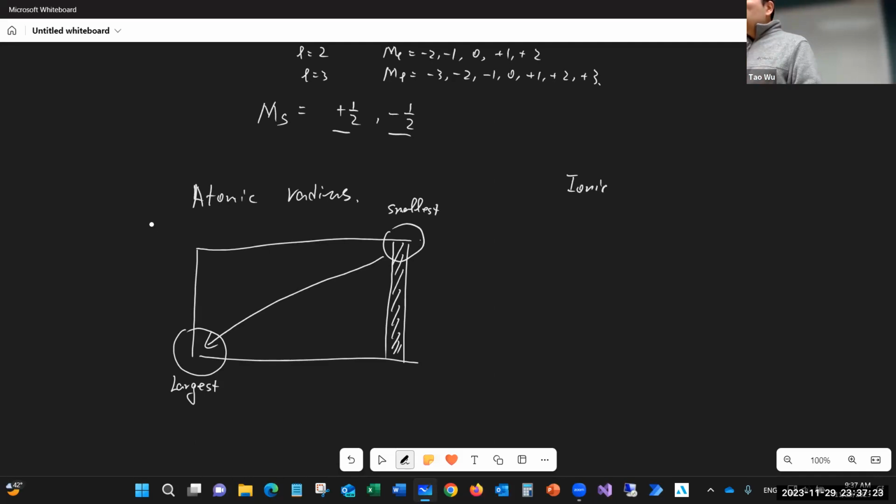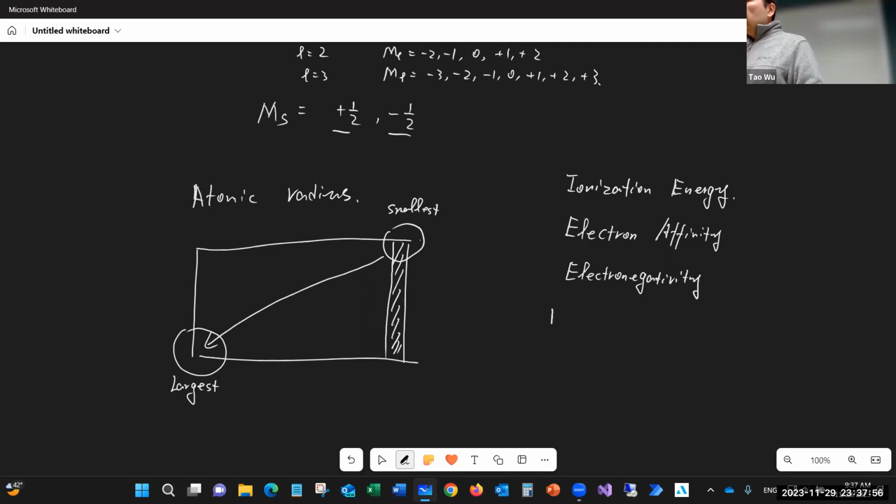We also talked about three others. One is called ionization energy, another one is electron affinity, and then electronegativity.